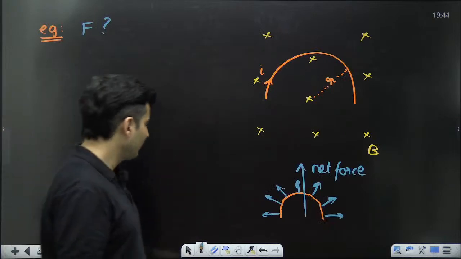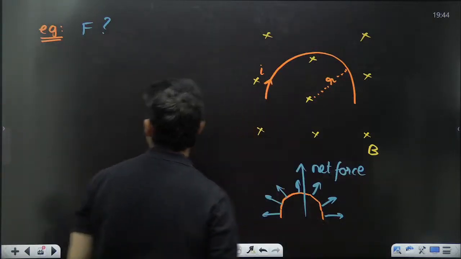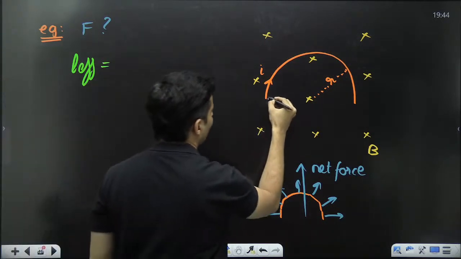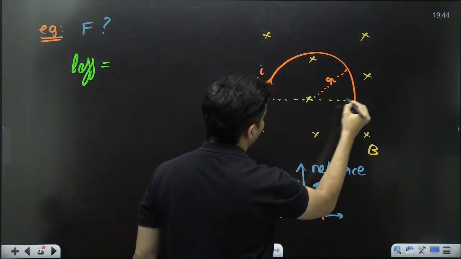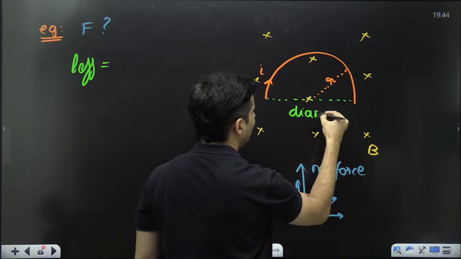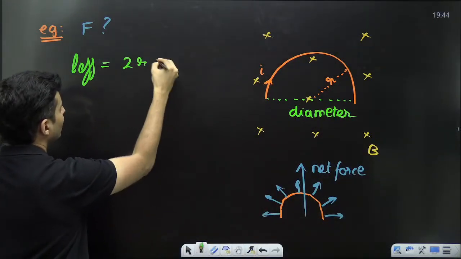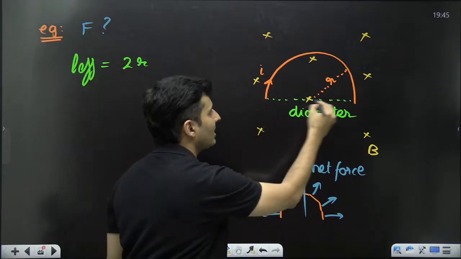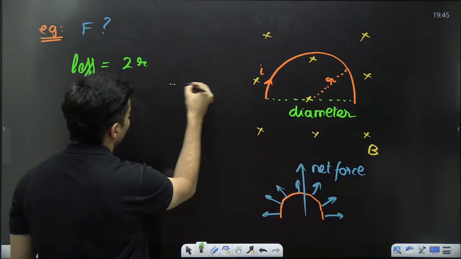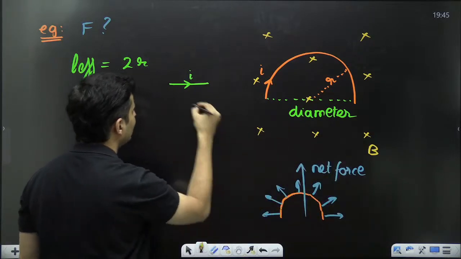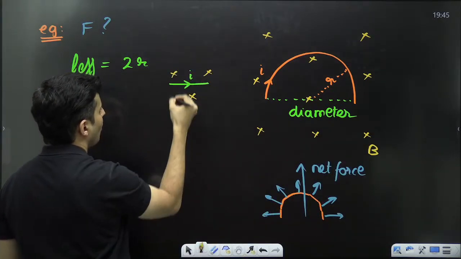So over here, can you guess that particular effective length? Starting from here till here, that is nothing but the diameter. The diameter is the length. So L effective is basically 2R. So just think about a straight wire carrying current I, and it is placed in a magnetic field over here.